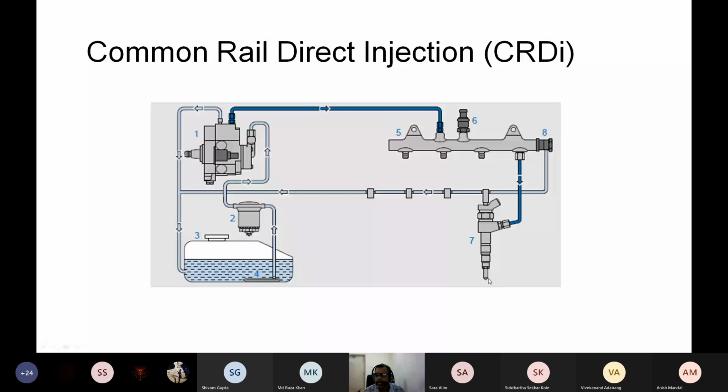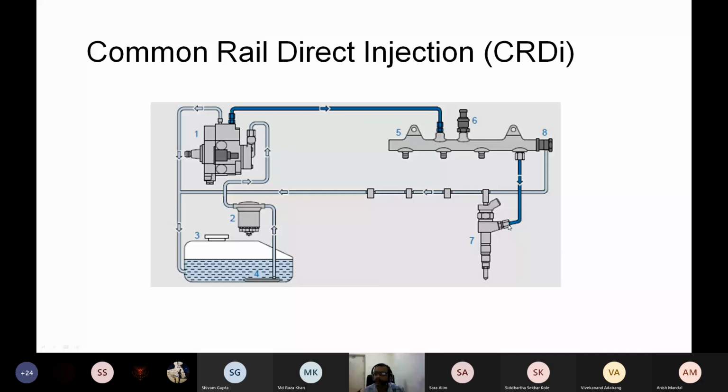How are we going to get the 500 bar? Once the user defines that 500 bar fuel injection pressure is needed, that information goes to the ECU, meaning the fuel injection pressure here has to be 500 bar.